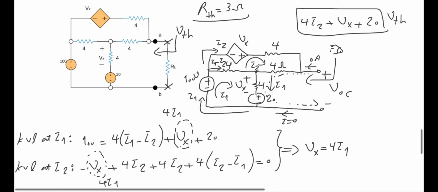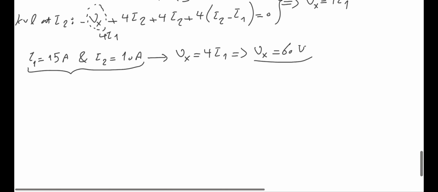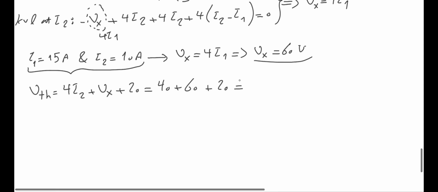So 4 times I2 plus Vx plus 20. Thevenin is 4 times I2 plus Vx plus 20. That would be, I2 is 10 amps, 4 times 10 is 40, plus Vx is 60, and another 20. That would be 120 volts. So this is my Thevenin voltage.